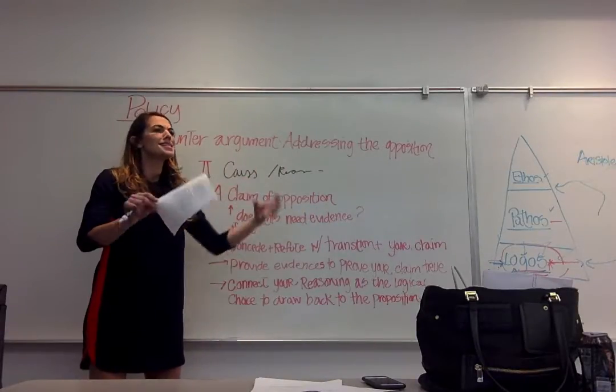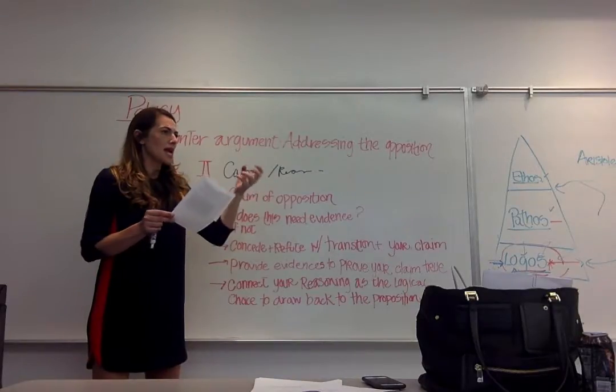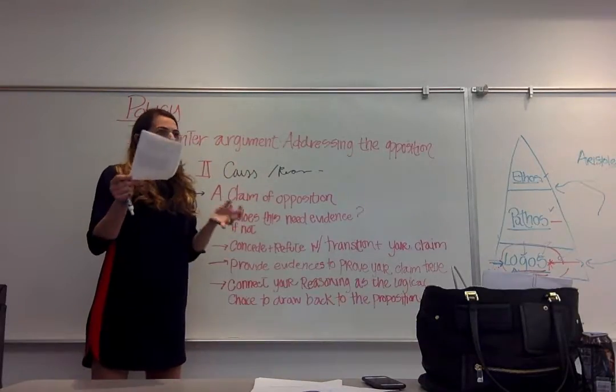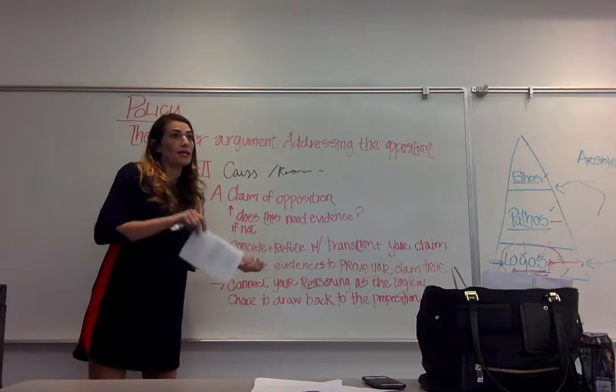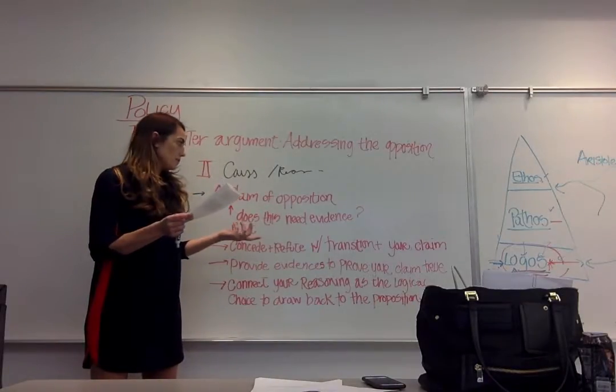So identify who the opposition is and really what they're suggesting. Is it that they oppose it, that they don't like it, that they value something different? You can assert that there.